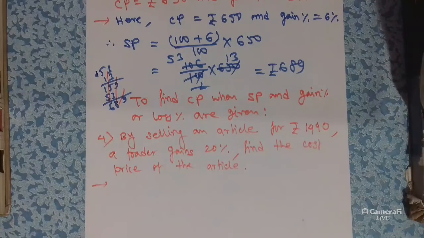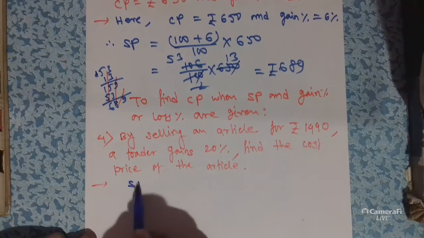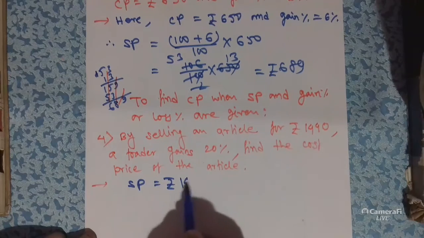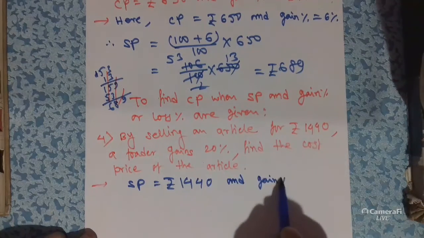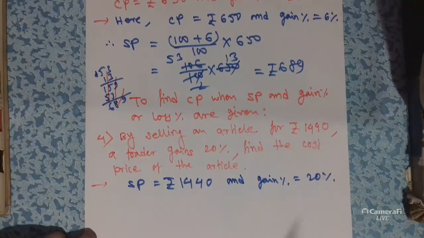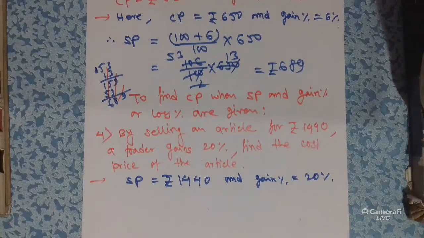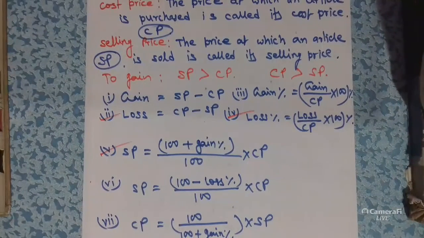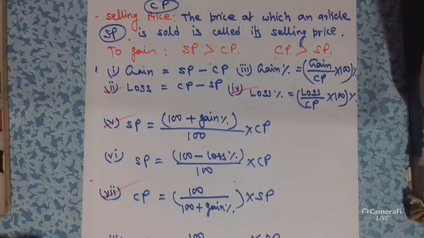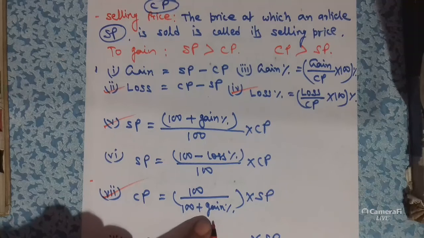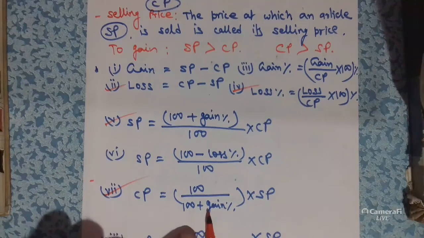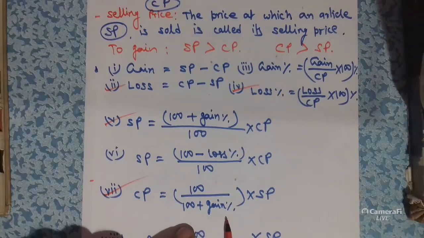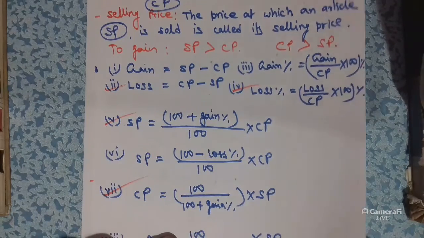So here selling price is equal to rupees 1440 and gain percent is equal to 20%. Now we have to find the CP. So here students, we must use this formula. Here selling price and gain percent are given and we have to find cost price. So we must use this formula, that is 100 by 100 plus gain percent multiply selling price.